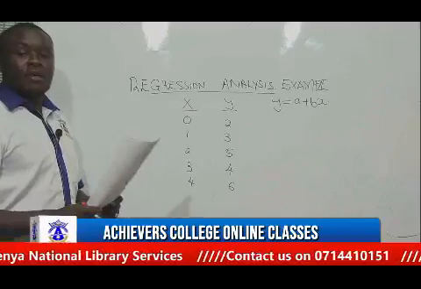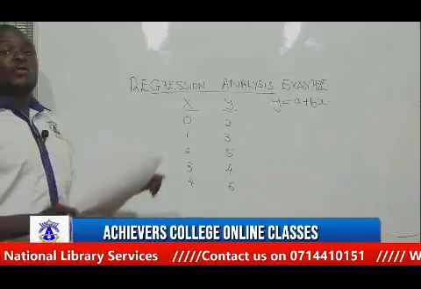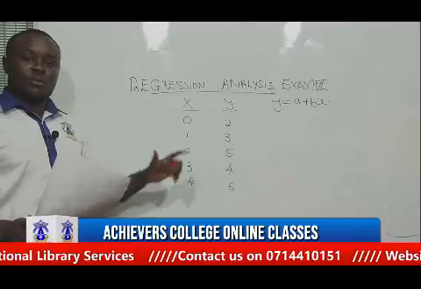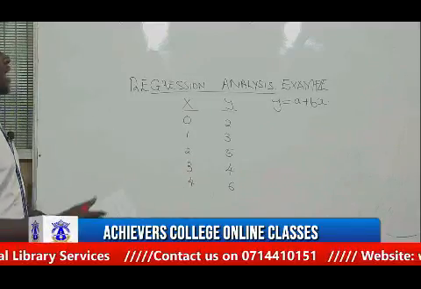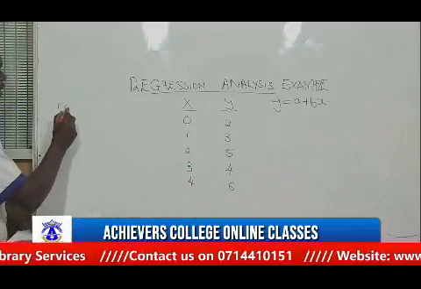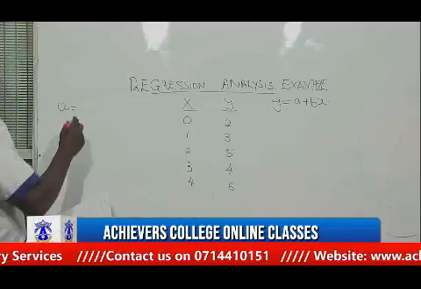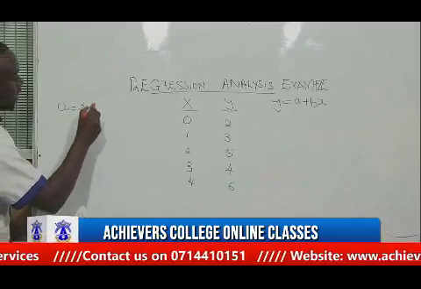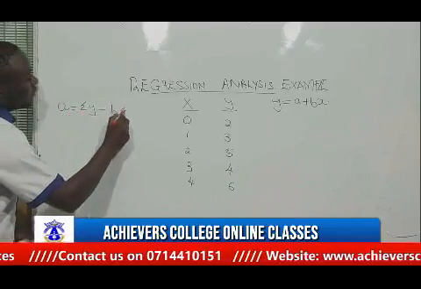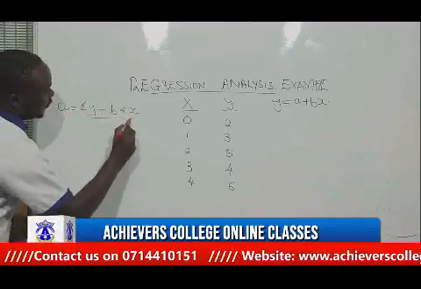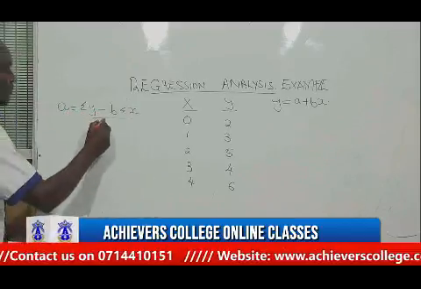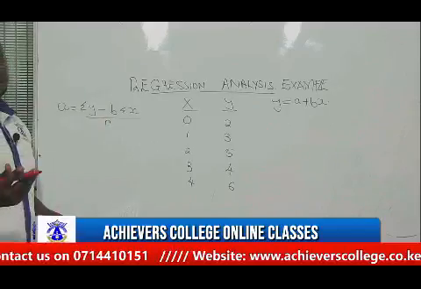You only need to cram this: a is given by the summation of y minus b summation of x, then you divide all this by n. That is how you get your a.